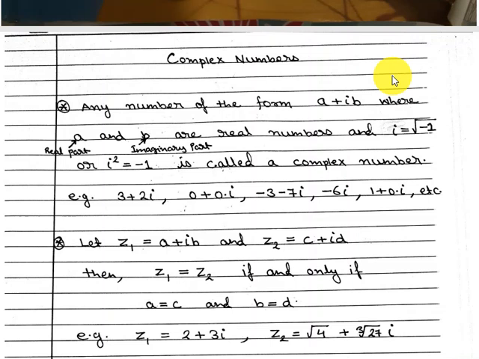So let us see what is the definition of a complex number. Any number of the form a plus ib, where a and b are real numbers and this i is equal to the square root of -1.